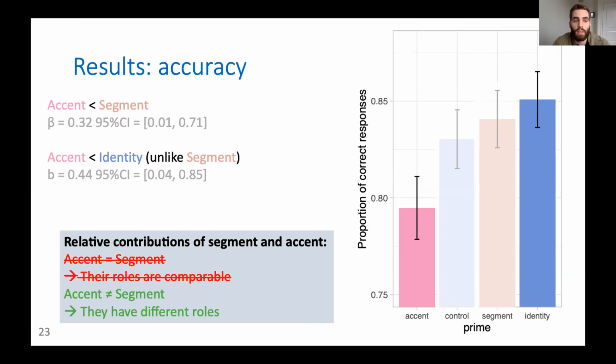So taking that into account in terms of our predictions, we think this further reinforces the suggestion we made on the basis of reaction time data, that is that accent and segment are playing different roles here in terms of the listener's accuracy as well. So with that, I'll turn it over to Hiro.